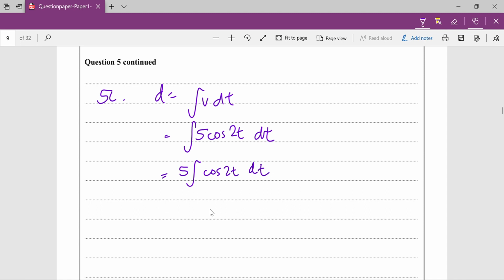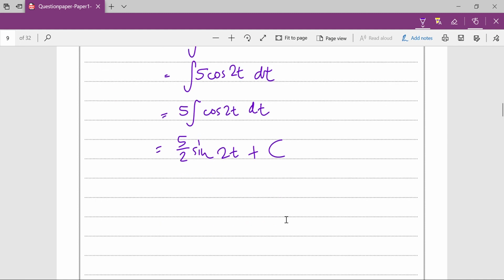It's going to be 1 over 2 sine 2t. So we end up with 5 over 2 sine 2t, because you can see if we differentiated it, this 2 would multiply back out and we'd be left with the whole 5 as our coefficient that we had in the first place. So 5 over 2 sine 2t plus c.